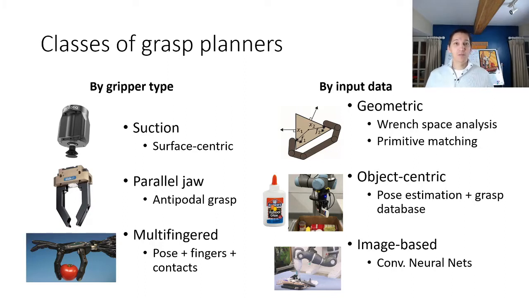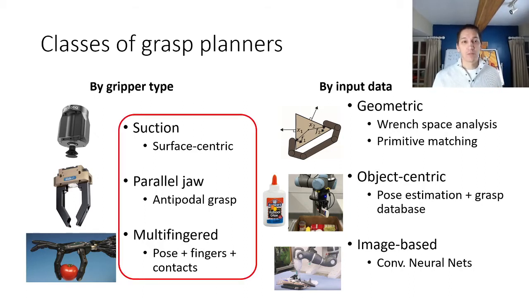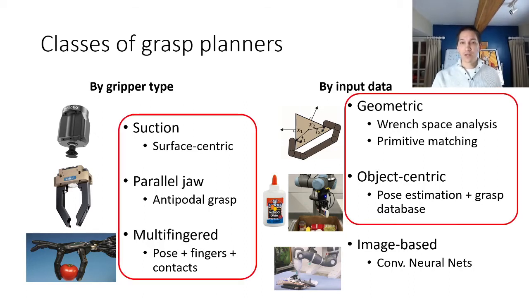And then there's also image-based techniques that look directly at the sensor data and try to figure out where to grasp. Now today we're going to be looking mostly at the geometric-based grasp planning, and we're going to be saving the learning-based grasp planning approaches to future lectures. But we're going to be talking about all different types of grippers as well as different types of input data.